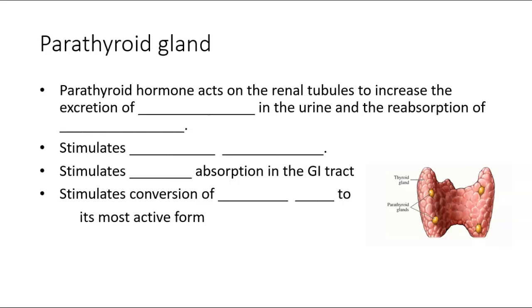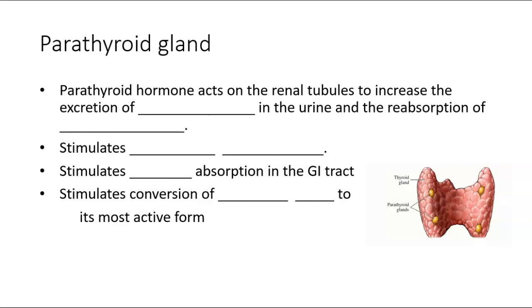Chronic renal failure is very common. So if we have too little parathyroid hormone, what might you see? You might see hypocalcemia with elevated phosphate levels. Again, that's because the parathyroid works to balance our calcium and phosphate.